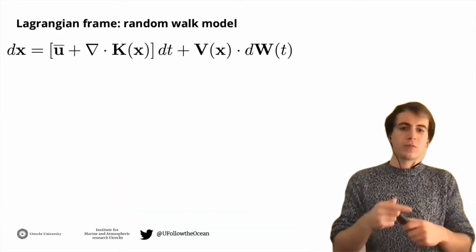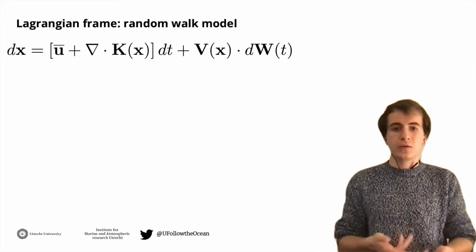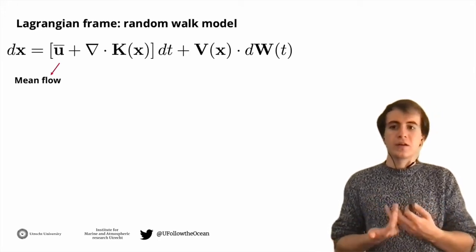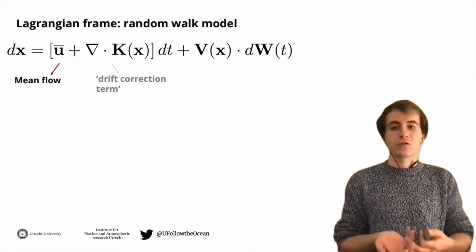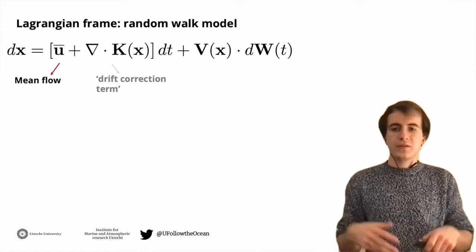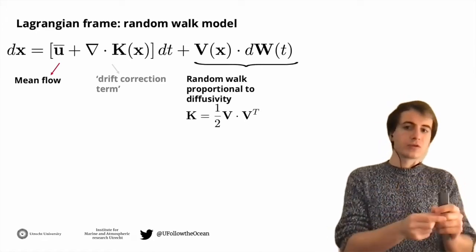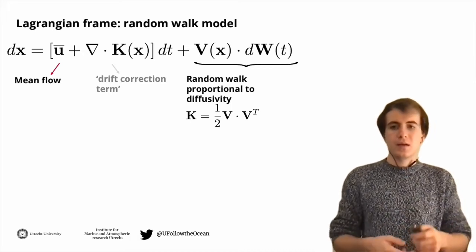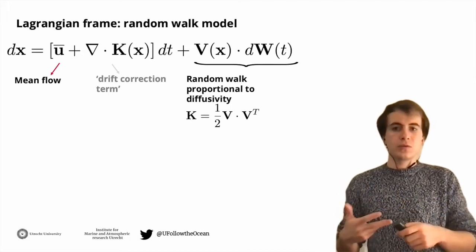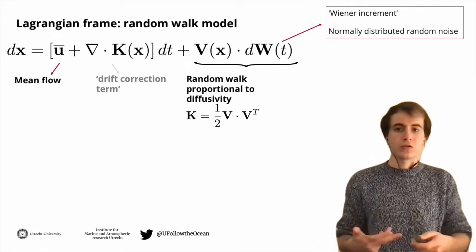The evolution of a particle's position depends on the mean flow. We include a drift correction term, which accounts for gradients in the diffusivity tensor, K. And we have this random walk term. This random walk is proportional to the diffusivity. This dW term is a normally distributed random noise term.